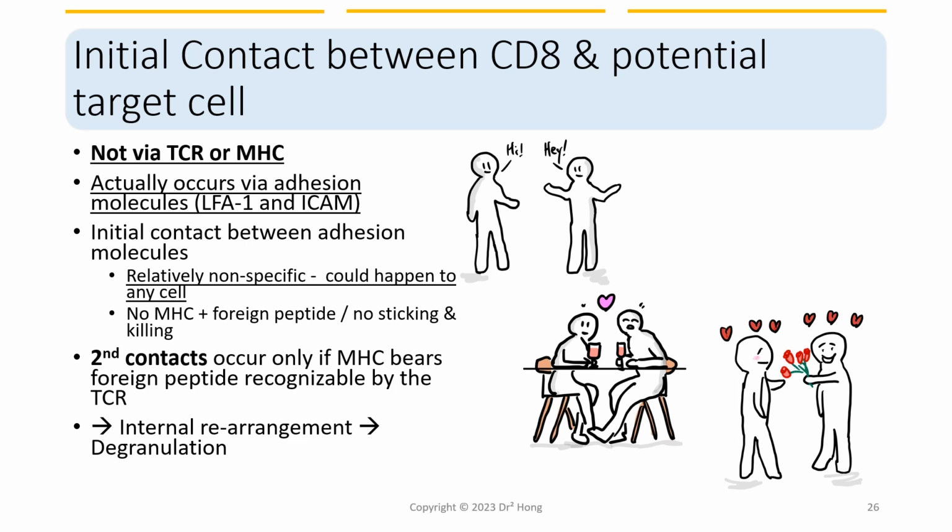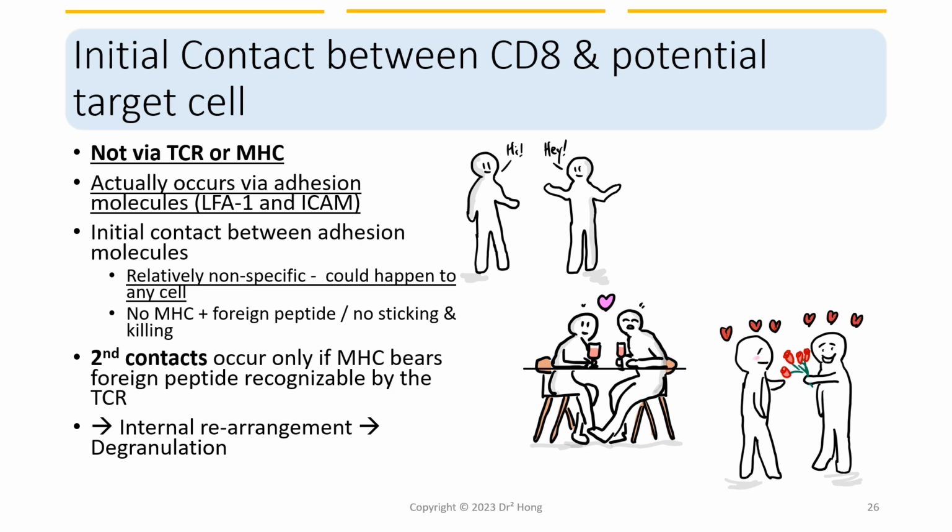All right. So the initial contact between CD8 T cells and potential target cells is not through T cell receptors or MHC. It actually occurs through these adhesion molecules, namely the LFA1 integrin and ICAM. So the initial contact between these adhesion molecules is relatively non-specific. It could happen to anyone. And when this initial contact happens and there is no MHC with foreign peptide, there's no sticking and no killing.